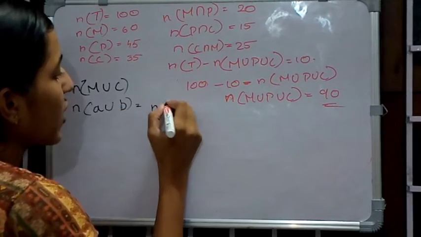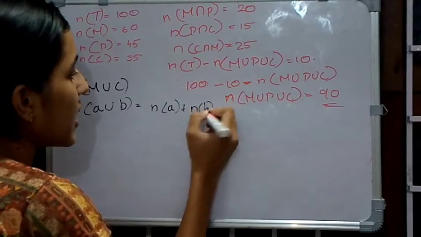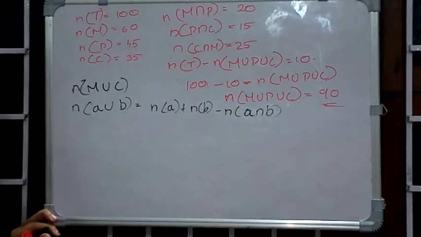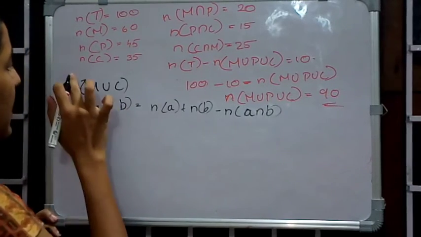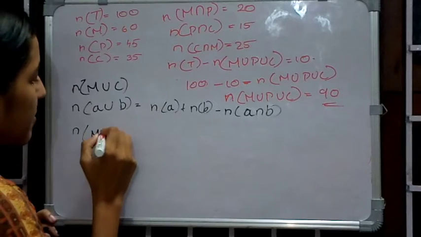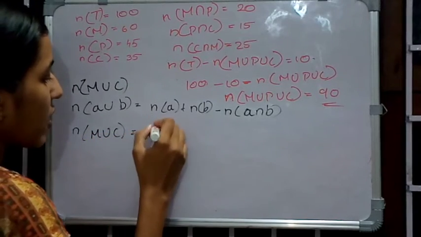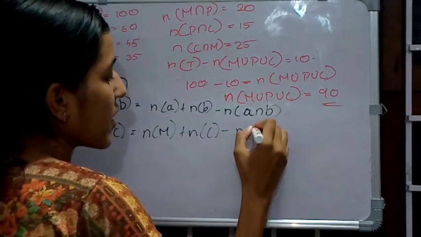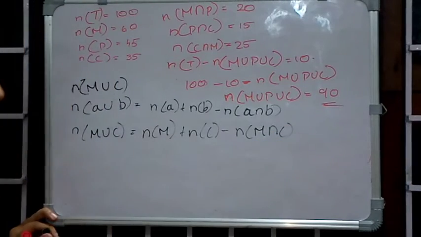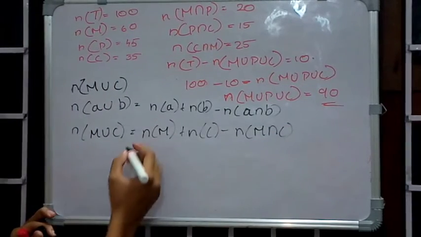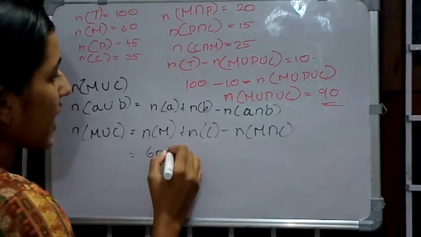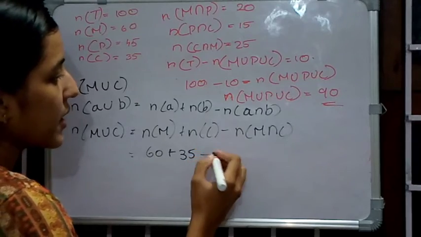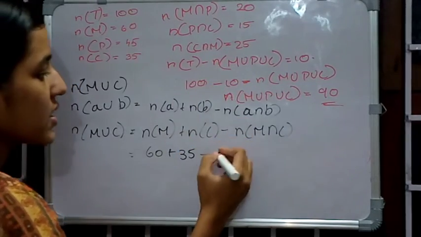On expansion we get n of A plus n of B minus n of A intersection B. Substituting M and C, we get n of M union C equal to n of M plus n of C minus n of M intersection C. Now n of M is 60, n of C is 35 and n of M intersection C is 25.